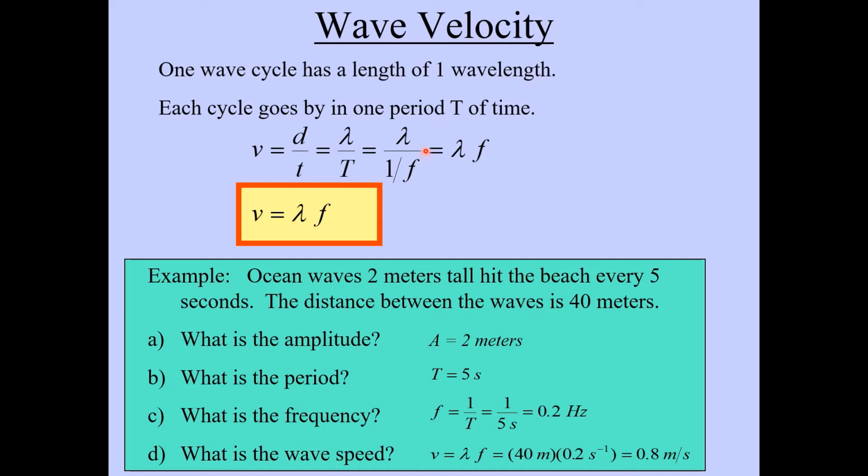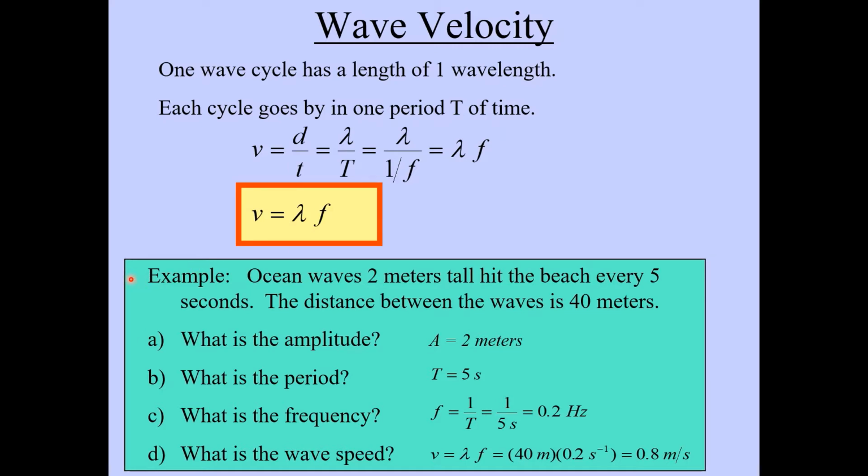So this f comes up to the top, and we end up with our formula for wave velocity. Wave velocity is equal to the wavelength, lambda, of the wave times f, which is the frequency of the wave. So it's a very fundamental and simple relationship between the speed of a wave, its wavelength, and its frequency.